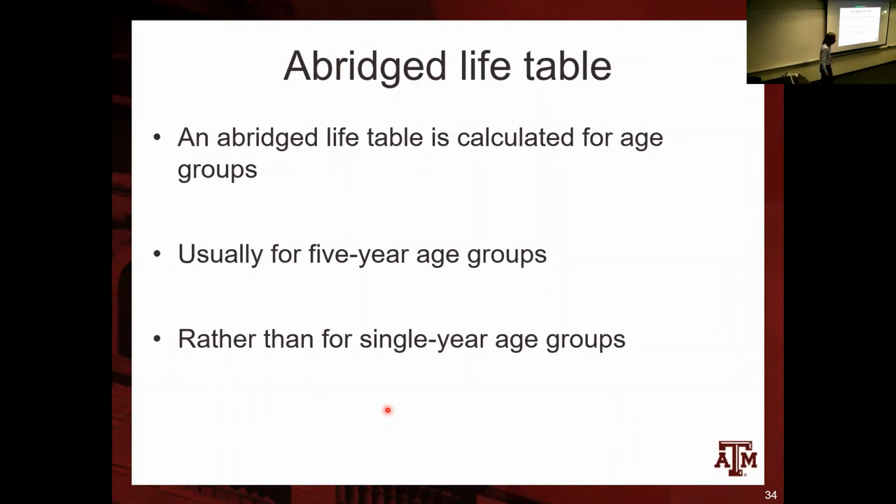Even now during the pandemic, when you see the number of deaths by day due to the coronavirus, usually what most of the data sources do is average the 5 closest days, exactly to avoid all this variation. And the same idea applies here: instead of doing it for every single age, we group them in 5-year age groups, the same thing as we did for the standardization, using the age-specific death rates.